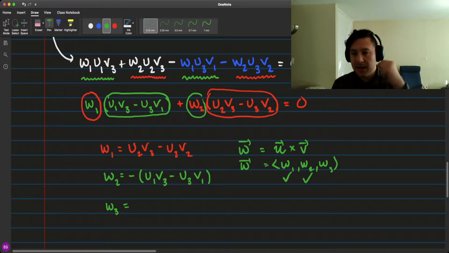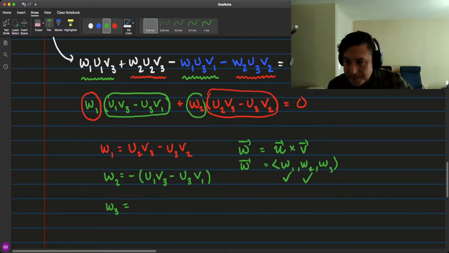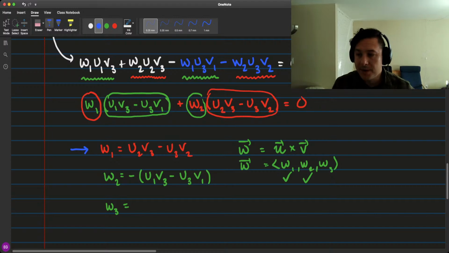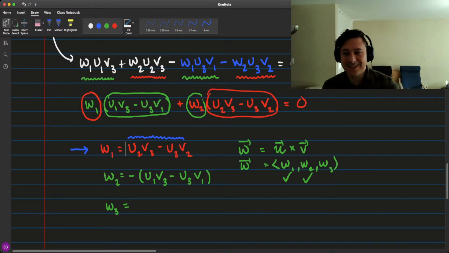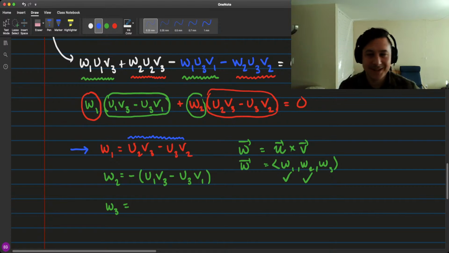Notice, do you see how, remember we talked about how there's this symmetry? So actually, let's look at this. There's something really interesting that happens. This is the formula for W1. What number do you not see being used over here? Yes.